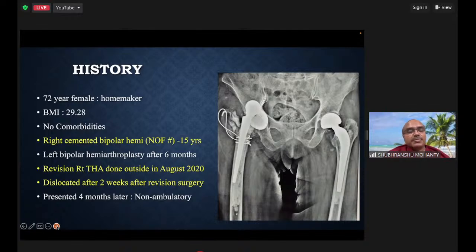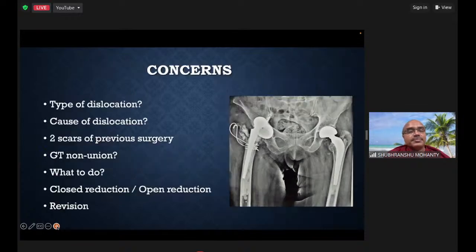The revision of the right was done outside in August 2020, almost 15 years after the bipolar arthroplasty. Unfortunately, this totally dislocated 2 weeks after the revision surgery and she presented 4 months later, at times non-ambulatory. Those are the X-rays.